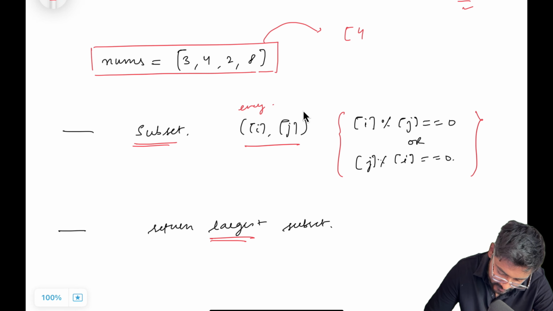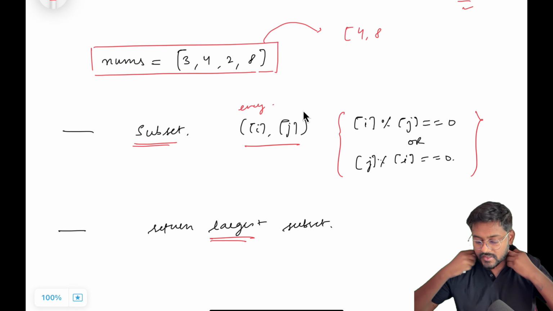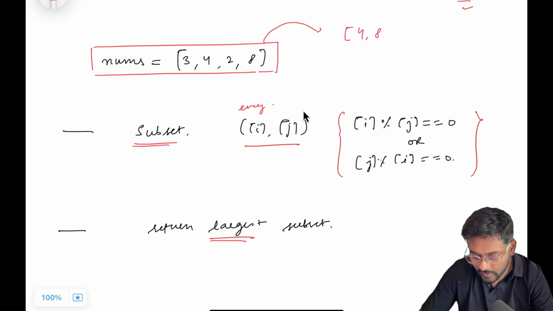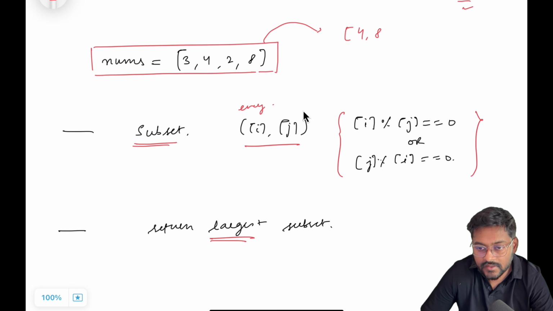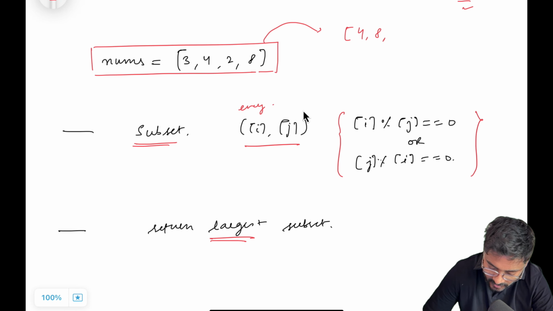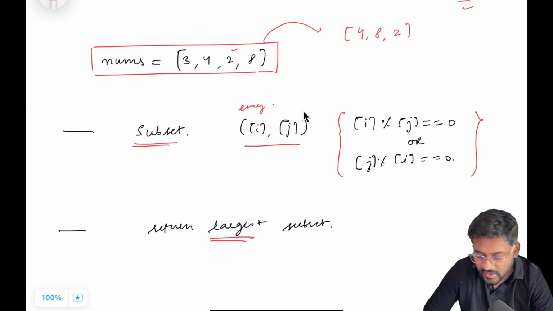If I take 4 here, then what is the next element I can take? I can take 8 as well. If I'm taking 8, 4 is dividing 8. In every single pair, one item is dividing the other completely. Can I take 2? Yes, I can take 2 as well, because whatever pair I take, 3 items will form how many pairs?